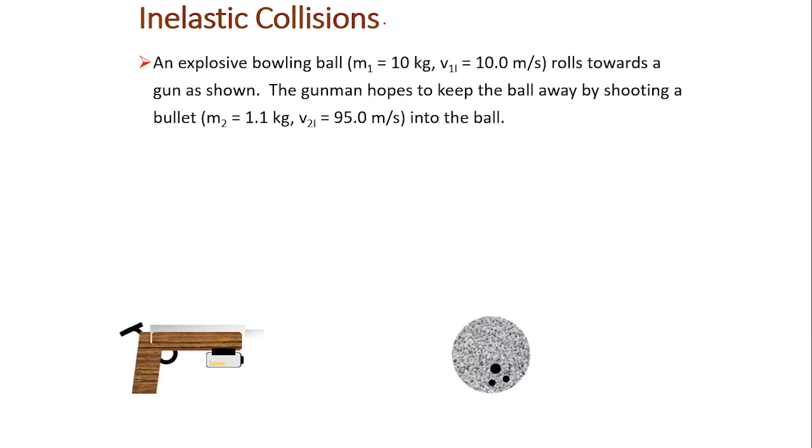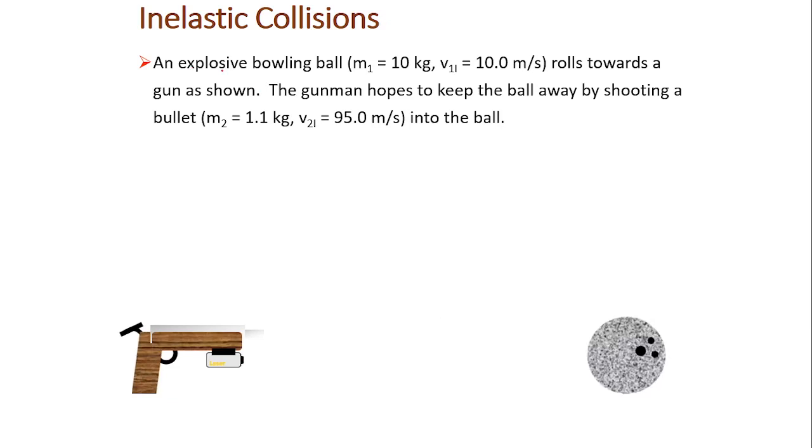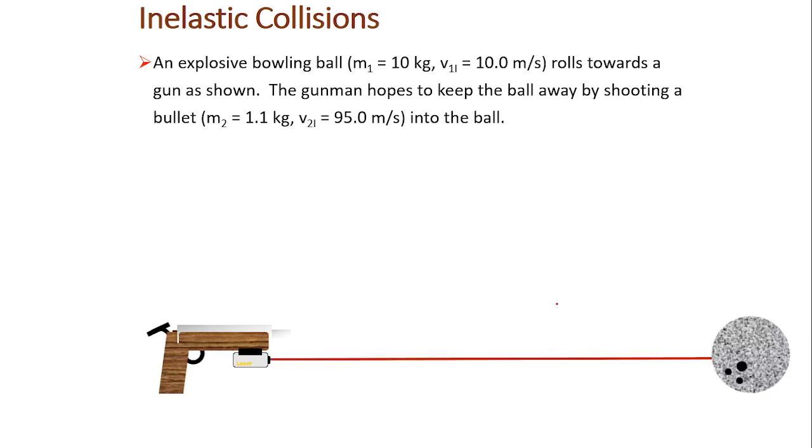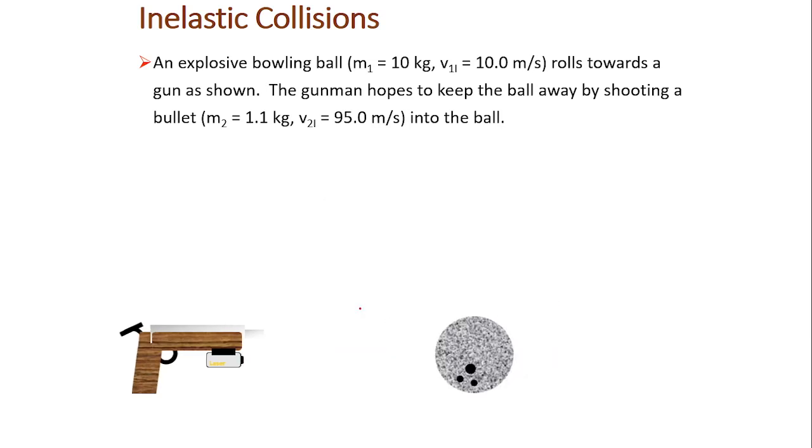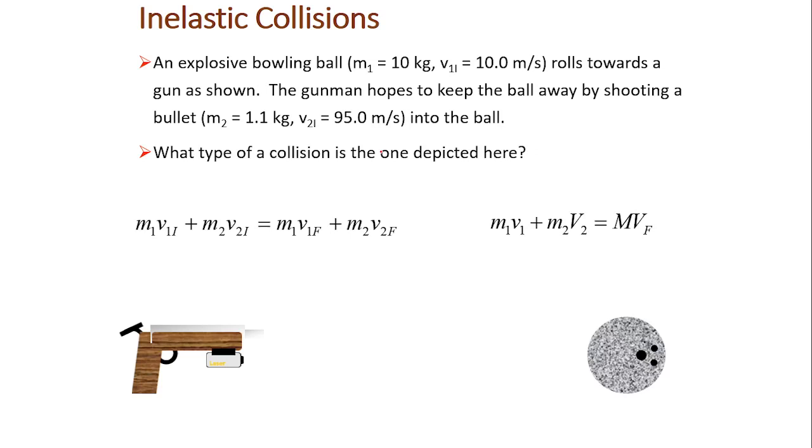We have questions like an explosive bowling ball, where you are given a gun and the gunman hopes to keep the ball away by shooting a bullet into the ball. We are going to have such questions later on in our calculations, so you'll understand more of the concept behind it, of which we know these are the formulas which I've already explained.